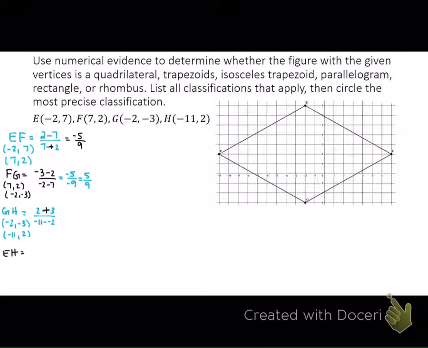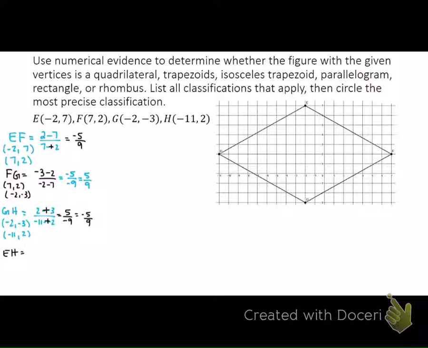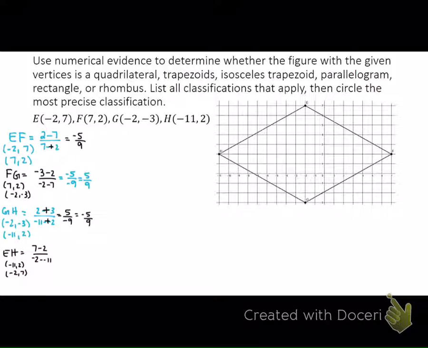Two negatives make a positive, so I get 5 over -9, which is negative 5/9. So I do 7 minus 2 over -2 minus a -11. Two negatives make a positive, so that's 5 over 9.